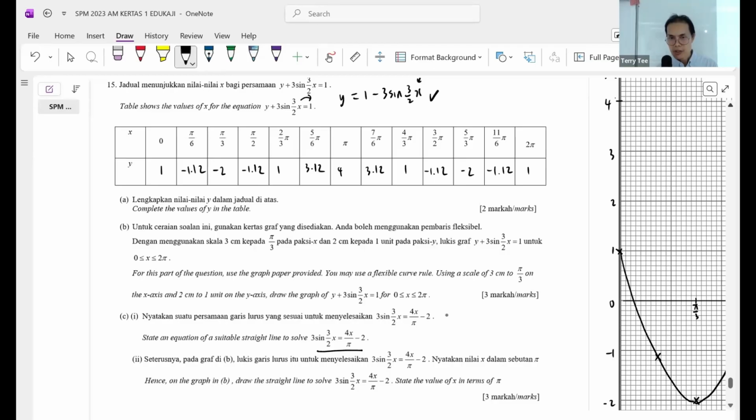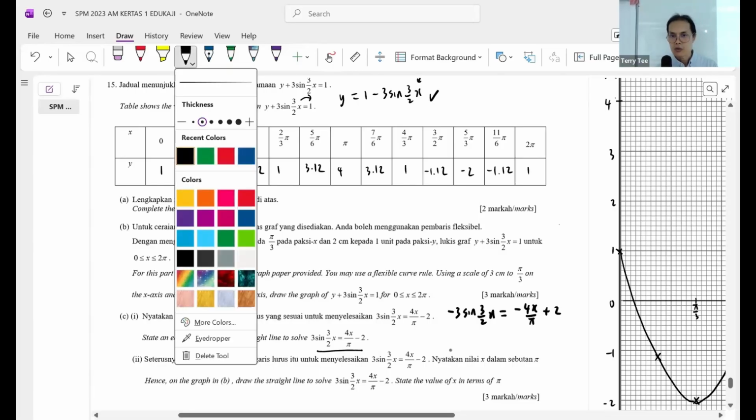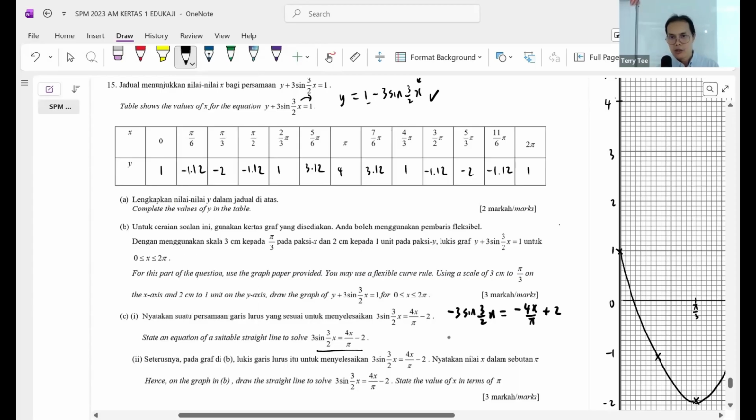So I multiply this equation by negative. So it's negative 3 sine 3 over 2x. I times negative on the left, I times negative on the right. So it's plus 2. Now next, I need to plus 1 because there's a 1 in front. So I plus 1 on the left and I plus 1 on the right. So it's minus 4x over pi plus 3.